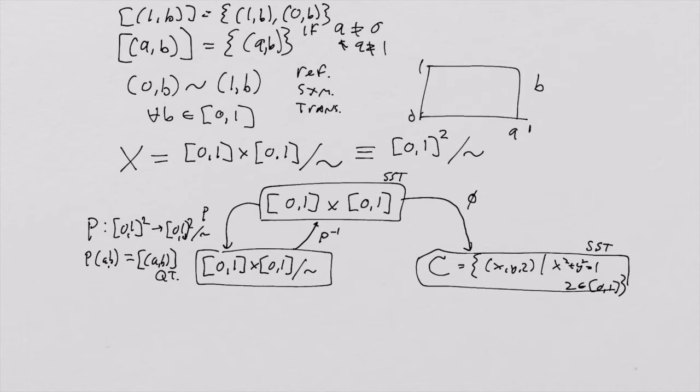Well, if we apply the quotient topology like we have, then by definition the pre-image of any open set here is an open set up there, because that's the whole point of the quotient topology. So we've given this the quotient topology, therefore P is continuous.